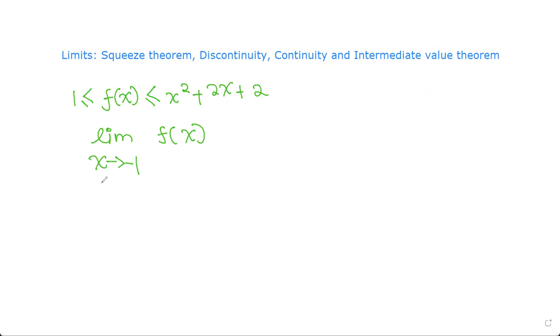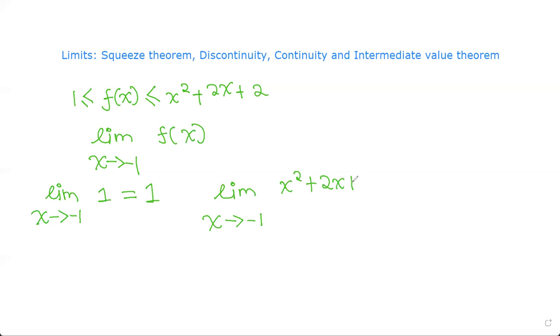So what you do is you just take this limit for the left hand side and right hand side of f of x. So the limit as x tends to minus 1 of 1, which is not a function, is just a constant. So hence it will stay 1, and then the limit as x tends to minus 1 of x squared plus 2x plus 2.